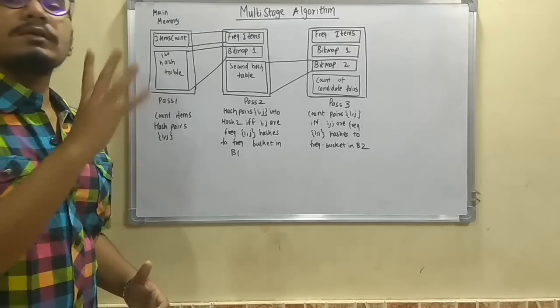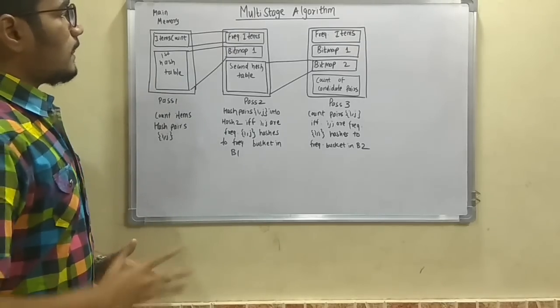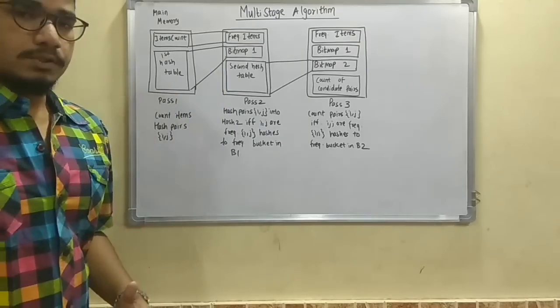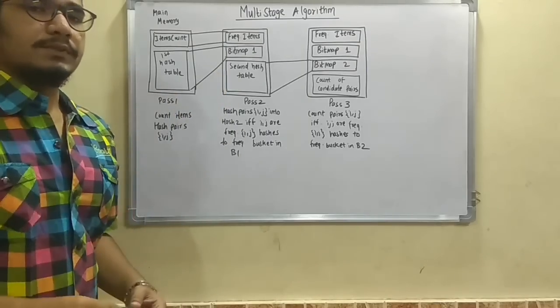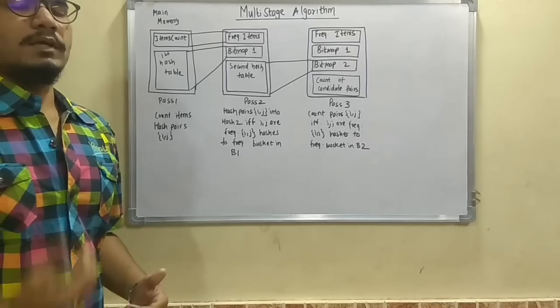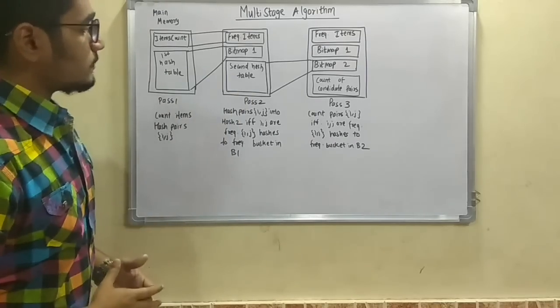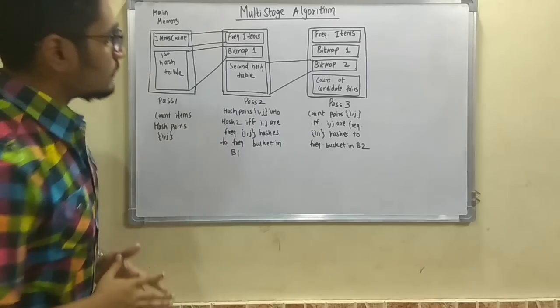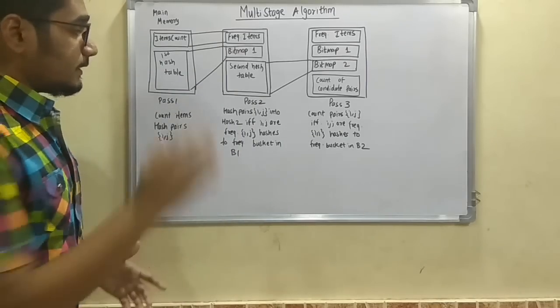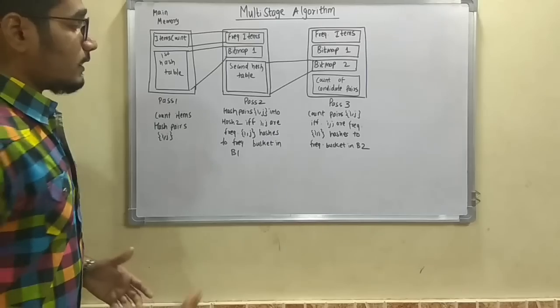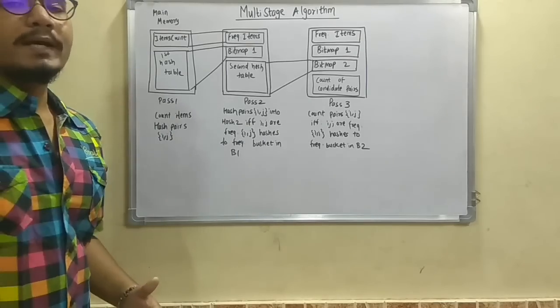In the PCY algorithm this is also the same, but a slight variation is that we create a secondary hash table and apply some other hash function to filter these ij pairs to qualify for the final candidate pairs. So it is written that we hash pairs ij into hash 2 if and only if i and j are frequent and ij hashes to a frequent bucket in B1.